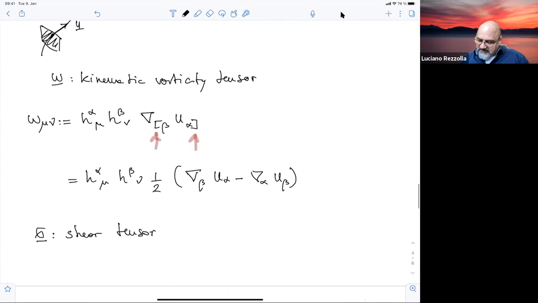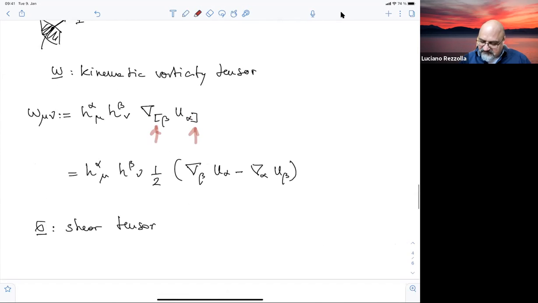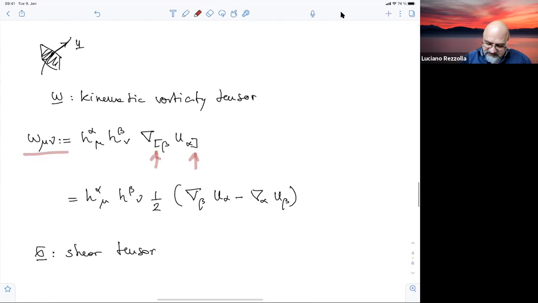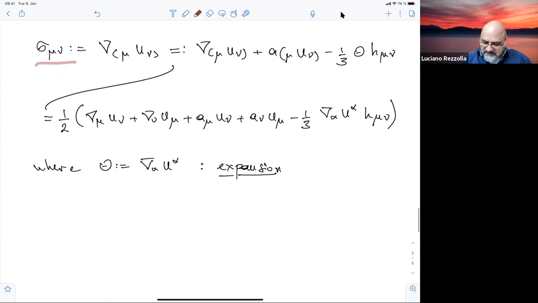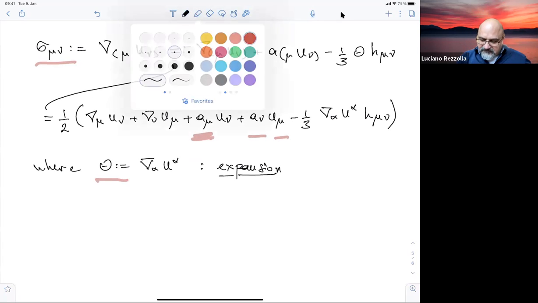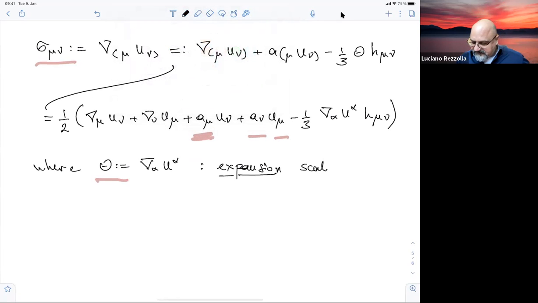Okay, so once again, let me stress something already mentioned. In omega mu nu, as well in sigma, as well in theta, the only quantities I'm using, my building blocks, are just the velocity and the acceleration. And then I just play around mixing them in some shape, which is actually the most complete possible way. This is also called the expansion scalar, because it's a scalar function.